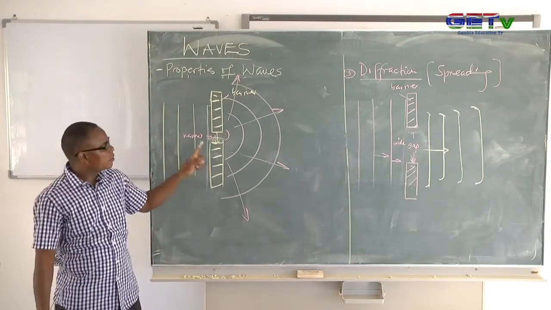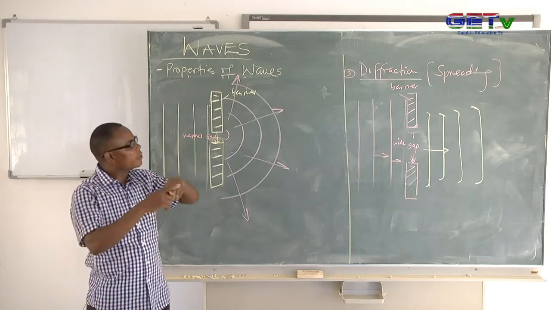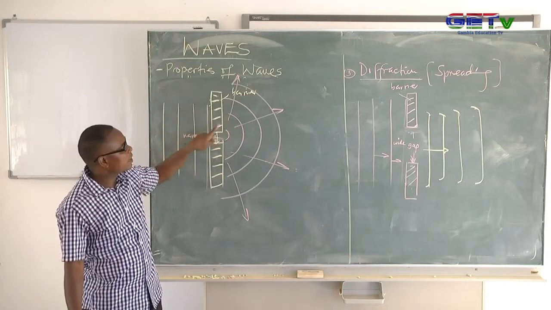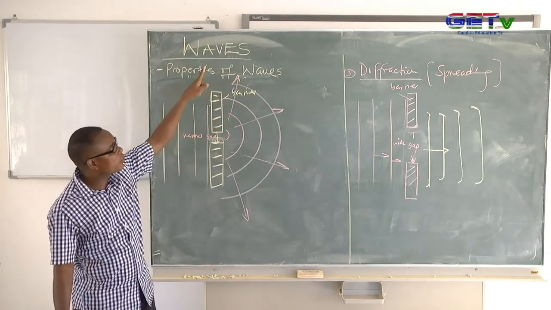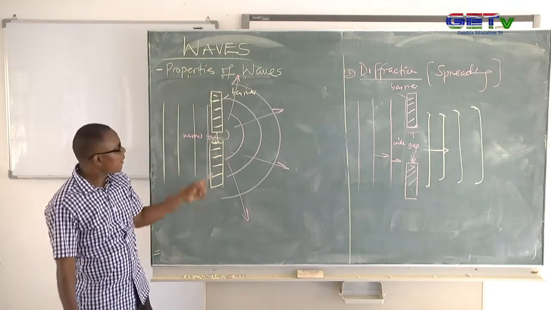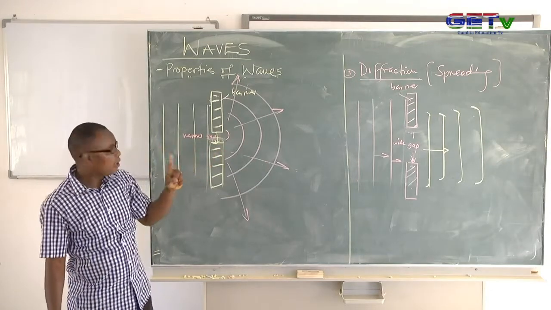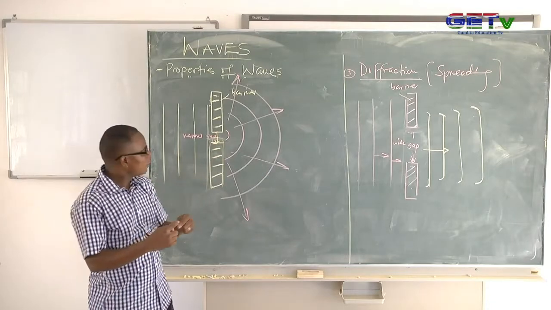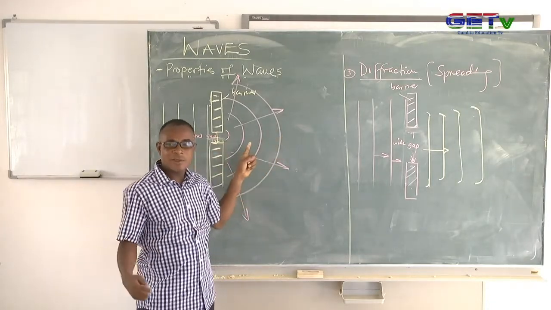The small gap will serve as a point source to give rise to a curvilinear wave, meaning a circular wave, and during that process you see the wave spread along the obstacles and far off from that point. So that tells you that if I want to get an acute spreading, I make the gap very small. When I have a small gap, then the wave is bound to spread around that obstacle very much.